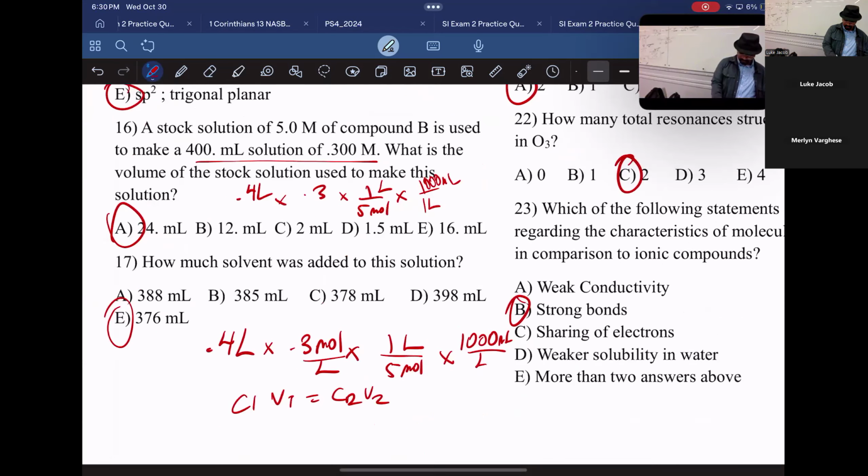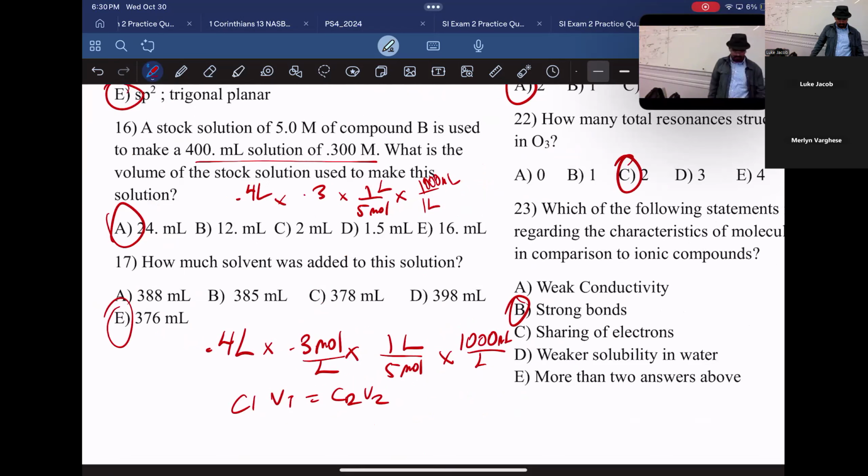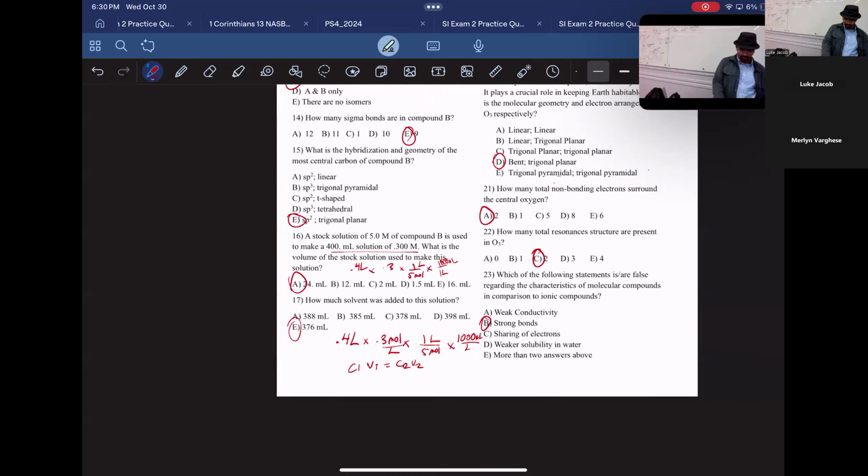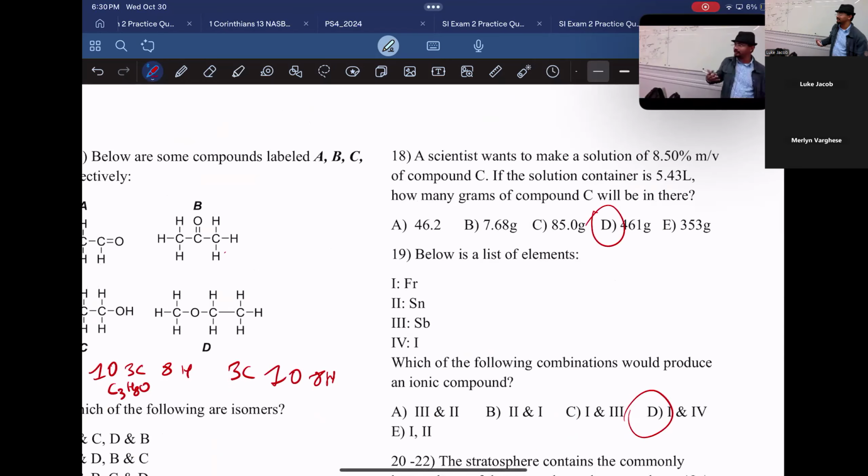You get 24 as the answer. Then to make 400 milliliters, you have to add 376 milliliters of solvent. So it's really just understanding the concepts and applying simple addition.